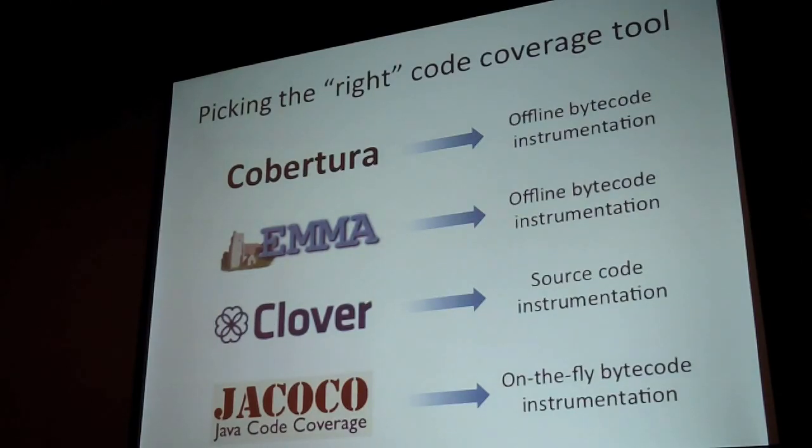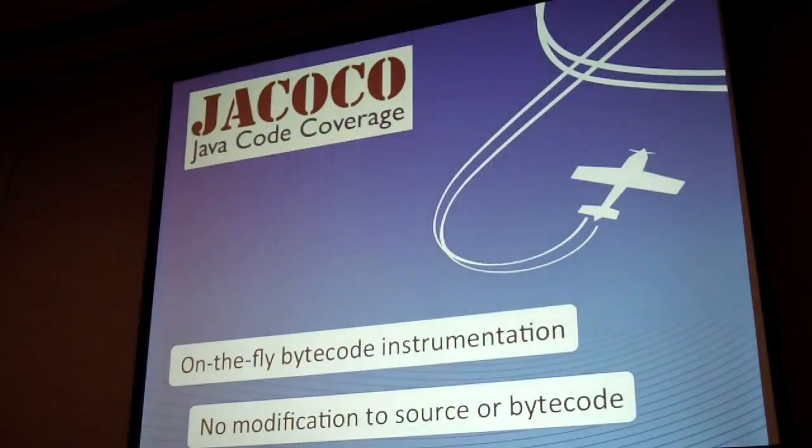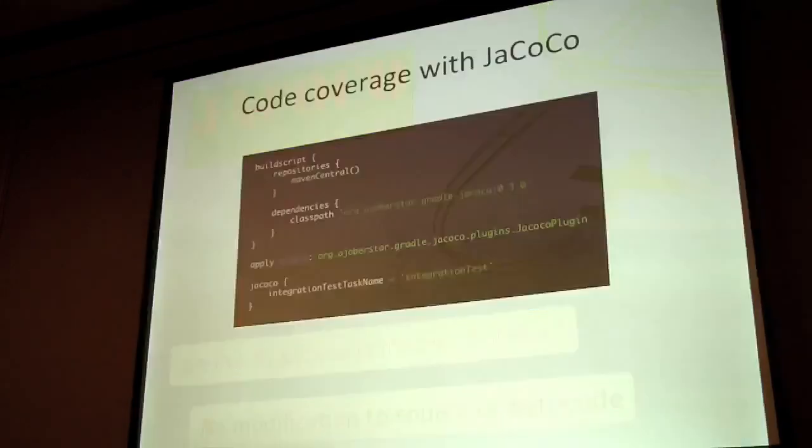It's a code coverage tool, but instead of changing the source or bytecode, it adds or hooks up a JVM agent at runtime. So whenever you execute your unit or integration test tasks, it automatically hooks in and doesn't change anything, which is great. So just to wrap this up, JaCoCo does what's called on-the-fly bytecode instrumentation, and it doesn't change anything. So that's my preferred solution of generating code coverage.